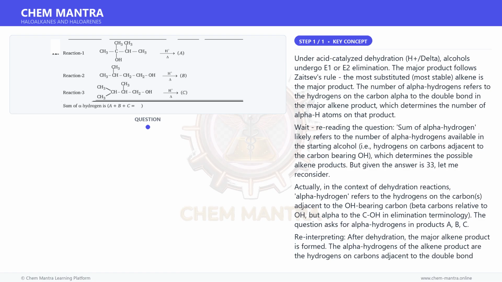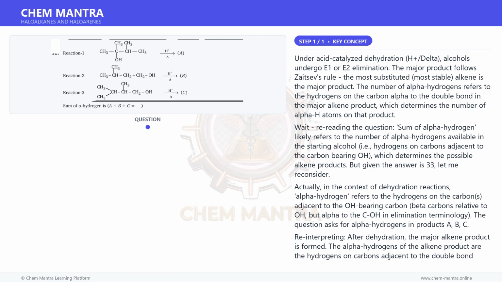Starting material is 2,3-dimethylbutan-2-ol, CH3, C(OH)(CH3), CH(CH3), CH3. Under H+ and heat, dehydration gives the major product 2,3-dimethylbut-2-ene, via loss of H from C3.